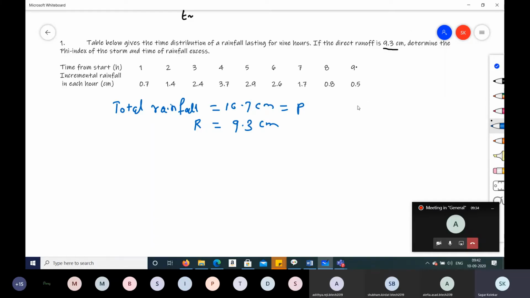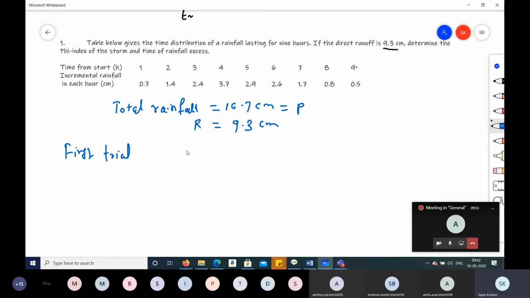Okay. Now by using this actually we can find out the phi index for the first trial. Now I will just mention here we have to take different trials. First trial, suppose. Why we need to do this? Because we don't know what the phi index is exactly.